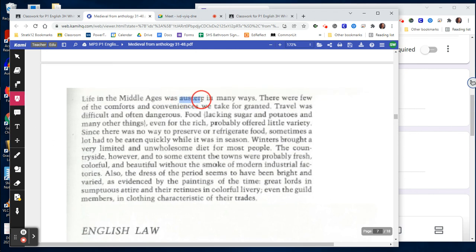Life being austere, saying that they don't have comforts and conveniences, talking about travel being difficult, food being boring, little variety. There was no way to preserve or refrigerate food. That's why we have feasts, by the way, to get rid of all the food.